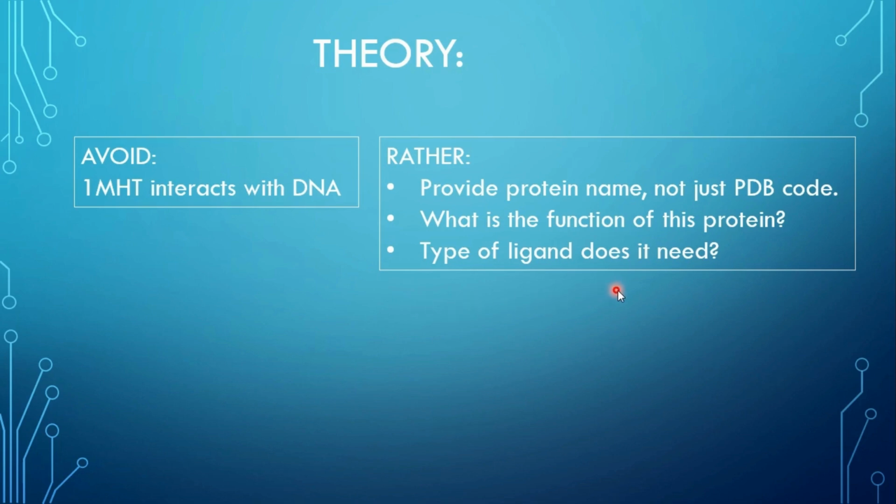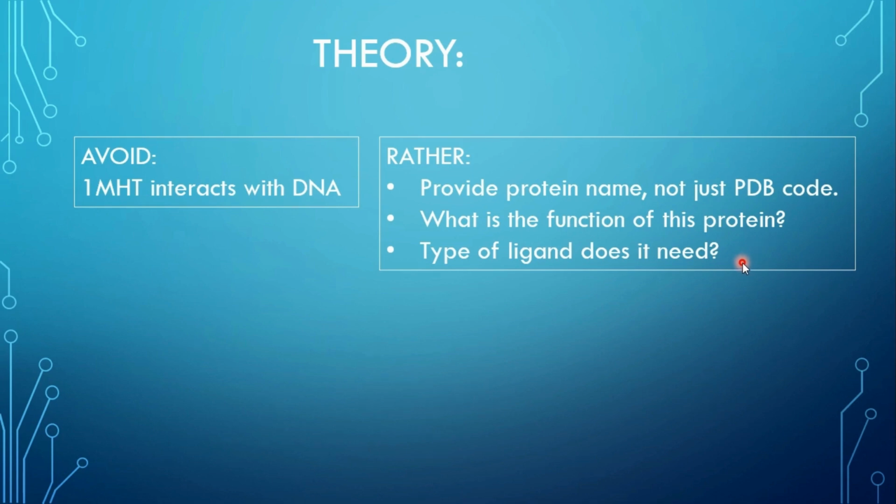Provide the protein name, not just the PDB code. And you can get this protein name from the Protein Data Bank. Mention what the function of this protein is, why it is important, and also what type of ligands or extra ions or molecules it requires to perform its function.